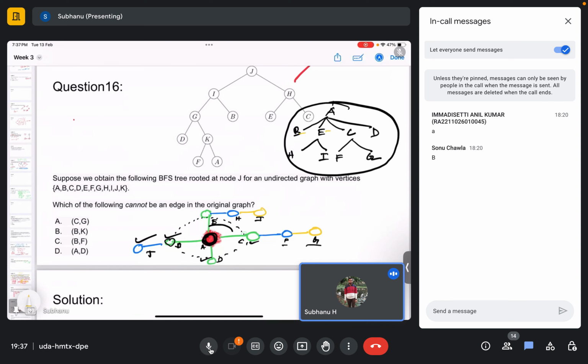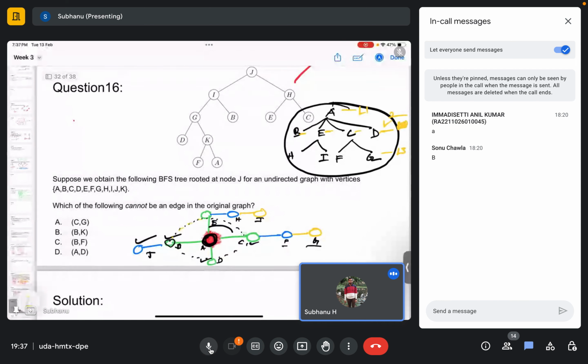Like this is level 1, this is level 2, and this is level 3. So these are all in the same level. B, C, D, E are in the same level. As you can see, in the graph structure also this is in the same level, and in the tree structure also this is in the same level. Also you can see that this J is after B.